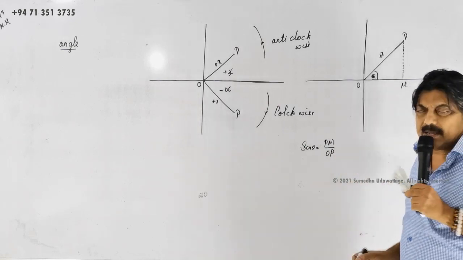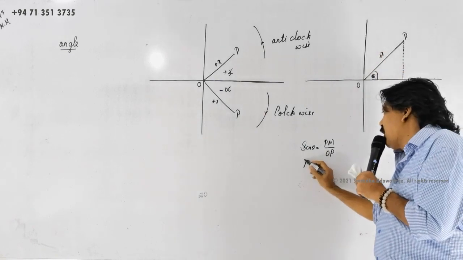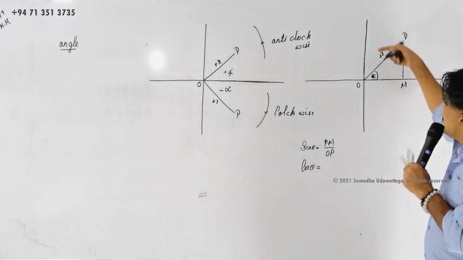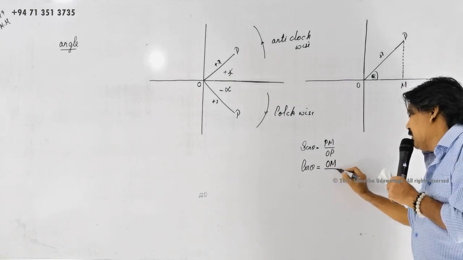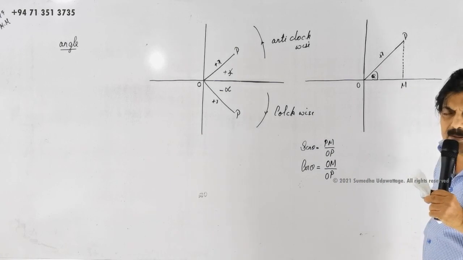You know it by now. Cos theta is adjacent divided by the hypotenuse. You took it like that in O levels. That's the basis of it.